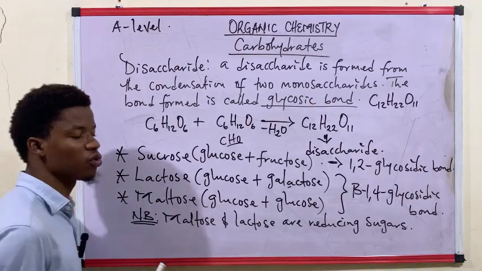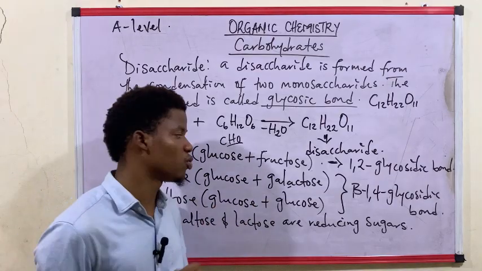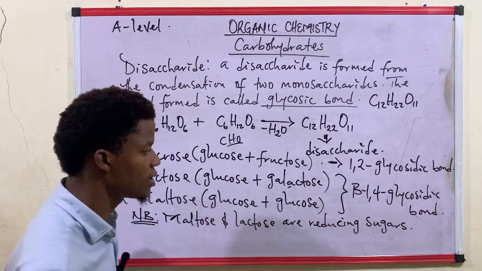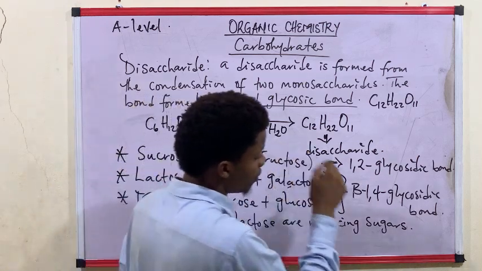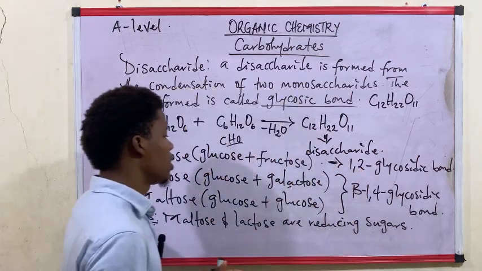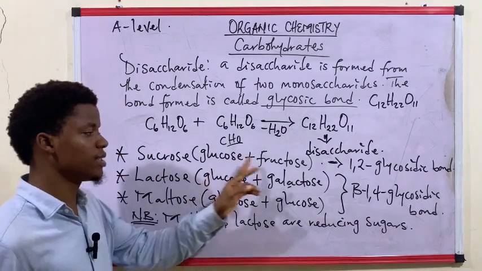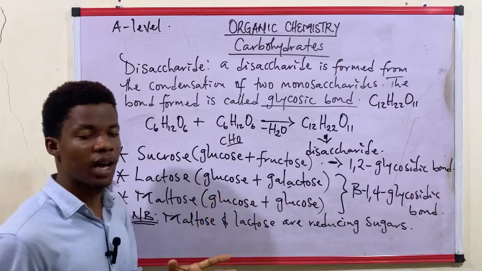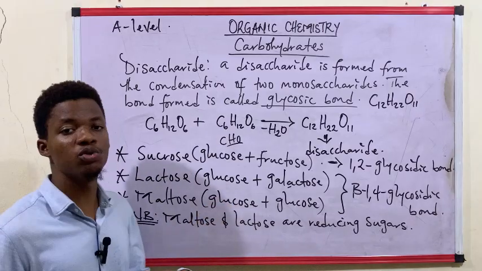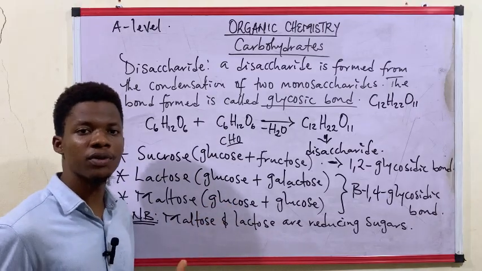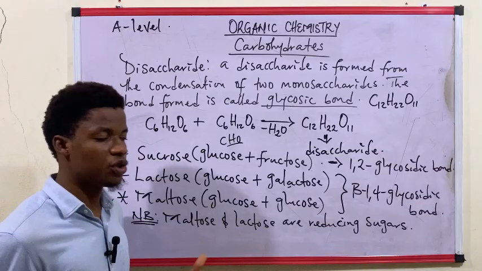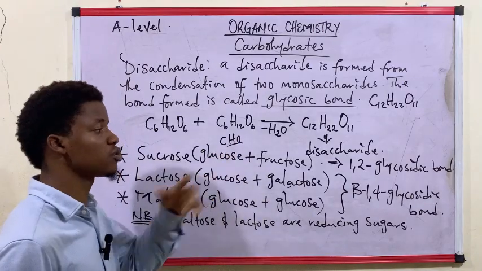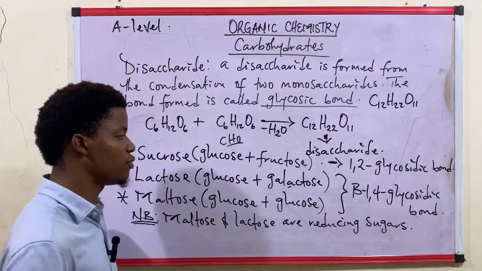But fructose has a ketone, which is C double bond O, at carbon 2. So both groups are used to form the bond, hence there is no free carbon carrying a functional group that can cause any reduction.